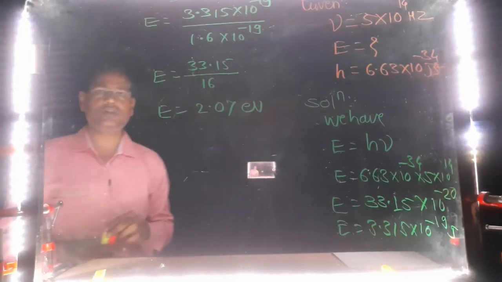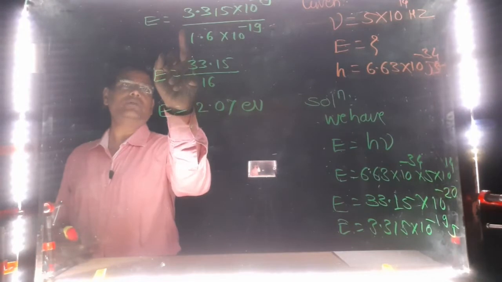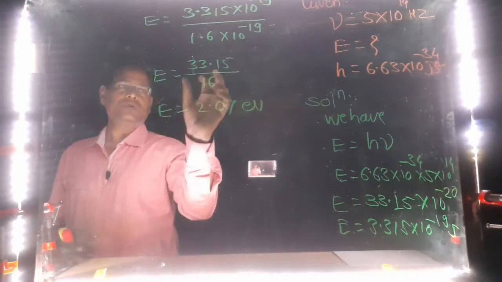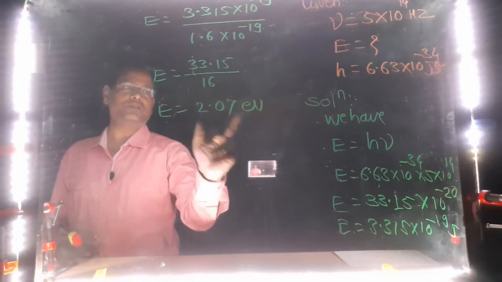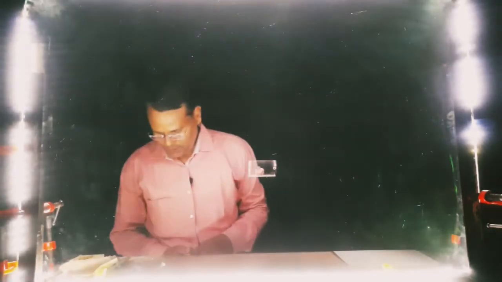For conversion from joule to electron volt, we divide by 1.6 × 10^-19. After division, it is 2.07 electron volt. So this is the answer in your textbook.